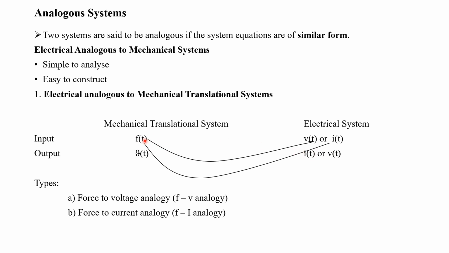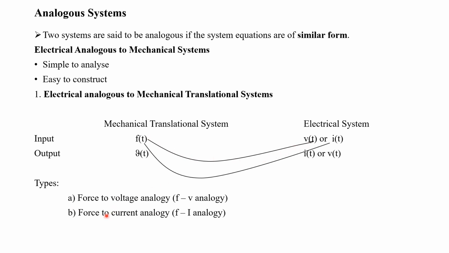Here we can transform the input force of the mechanical translational system into either voltage or current, isn't it? Accordingly, we have two types of analogous circuit, that is force to voltage analogy as well as force to current analogy. What do we mean by force to voltage analogy? In force to voltage analogy, we are transforming the force of the mechanical translational system into the voltage of the electrical system.